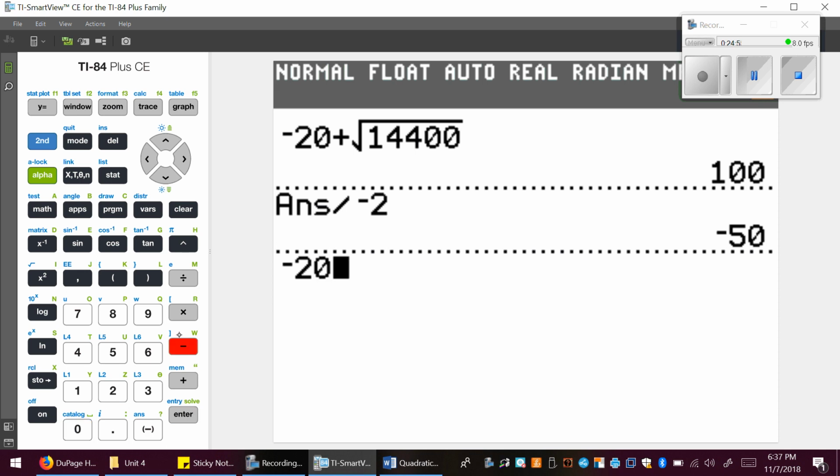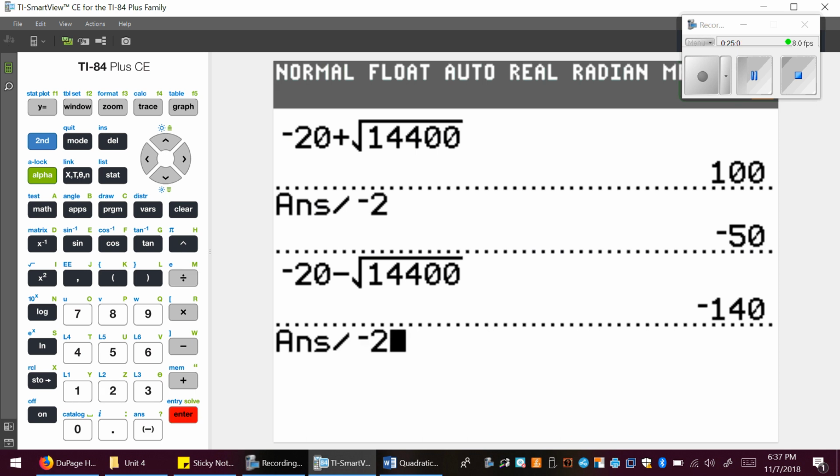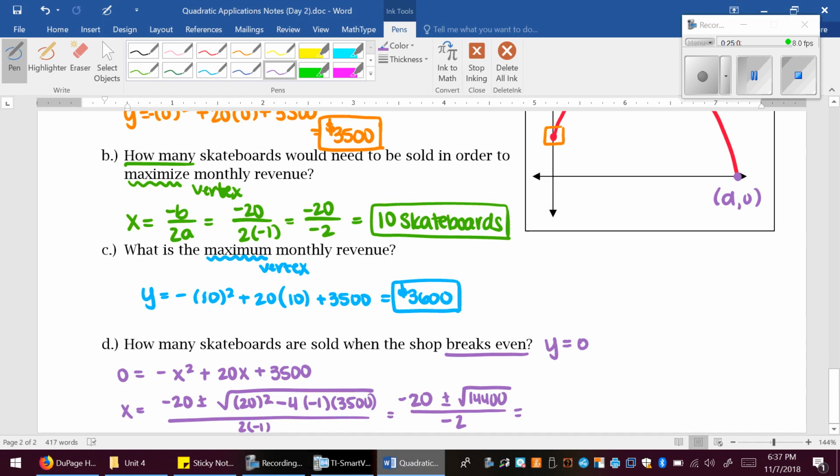Negative 20 subtract the square root of 14,400, divided by negative 2, gives me 70. Negative 50 doesn't make sense. It's negative. I'm not going to sell negative skateboards. So 70 is my answer.